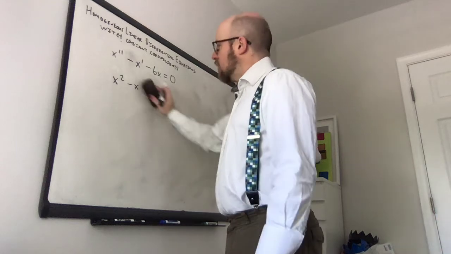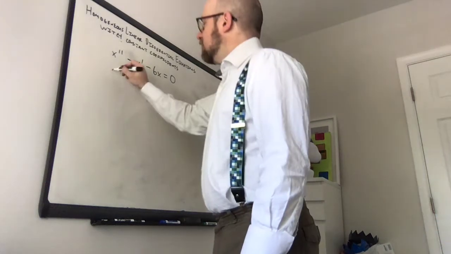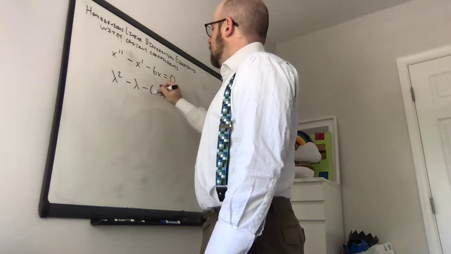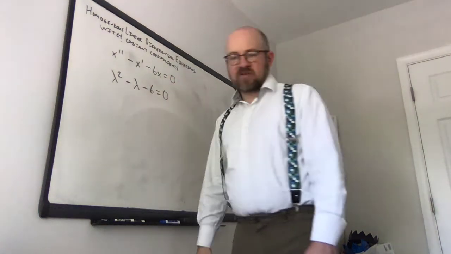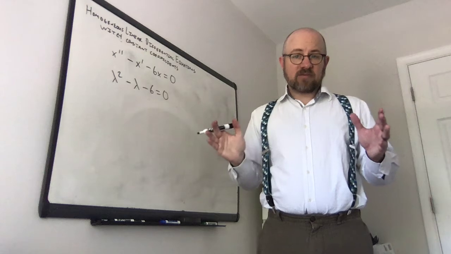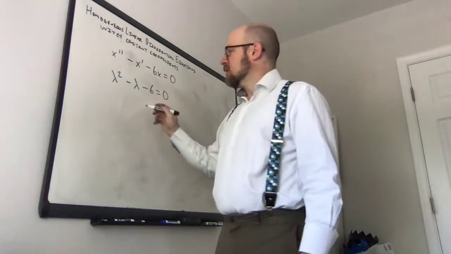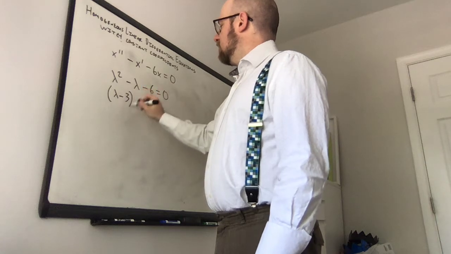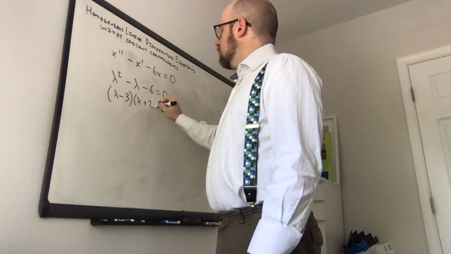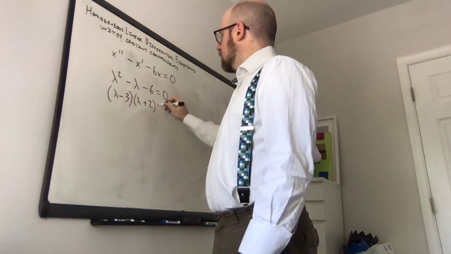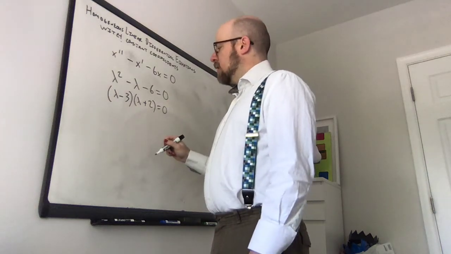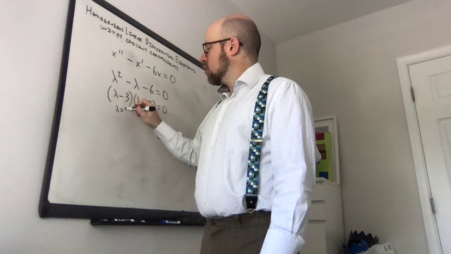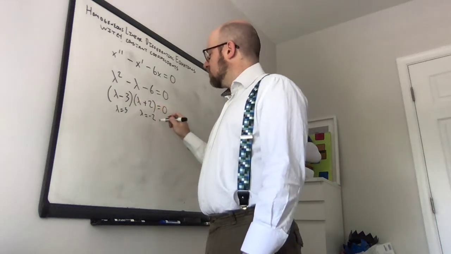Actually, rather than x's, let's say lambda squared minus lambda minus 6 equals 0, because we're looking for those lambda values that were in our exponential equation. We can factor this: lambda minus 3, lambda plus 2 equals 0. And so we get lambda equals 3 or lambda equals negative 2.